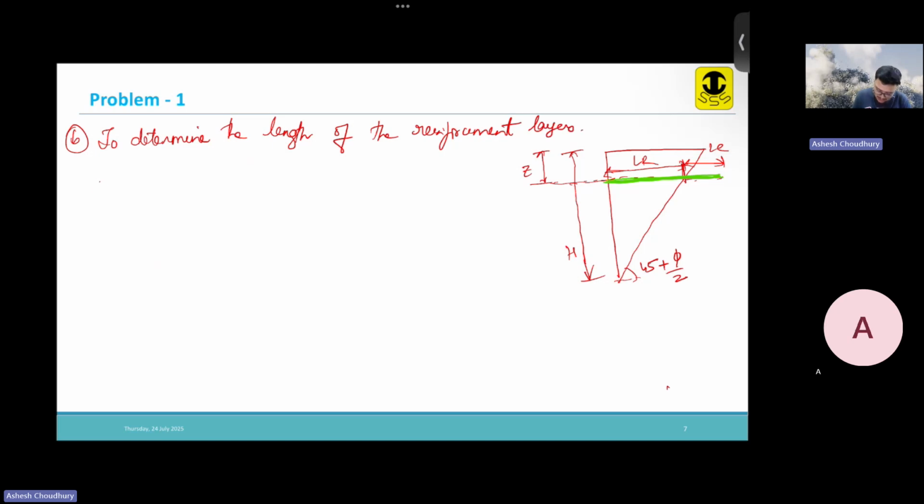So my LE I can write as SV times sigma H times a factor of safety. Right, so SV times sigma H is the amount of load that is coming on each reinforcement layer. So that we are multiplying by some factor of safety just to make it safer, a conservative design.